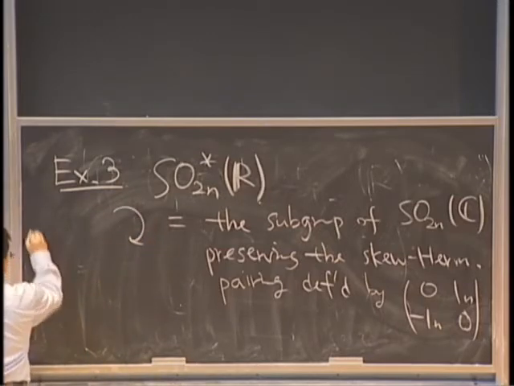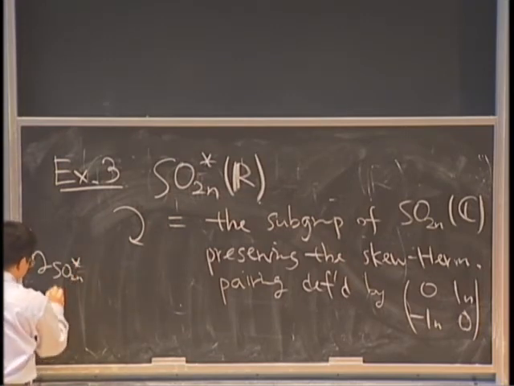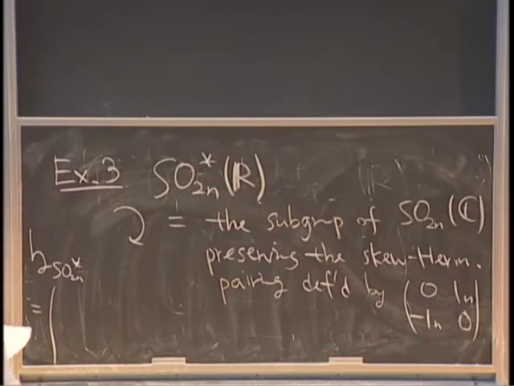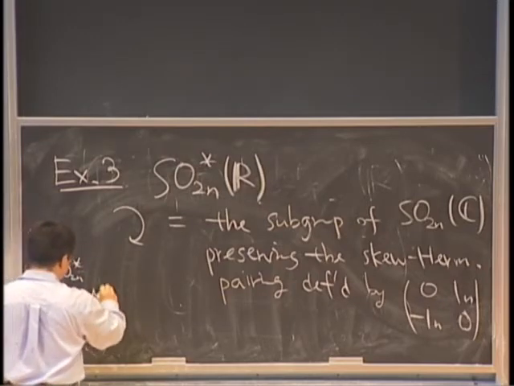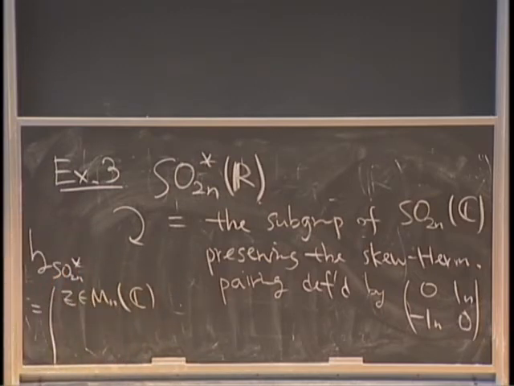So this acts on, well, I'm running out of notations. I will just write this SO*(2n). I'm just writing this n here. It means n by n matrices. Now, again, I have two equations.